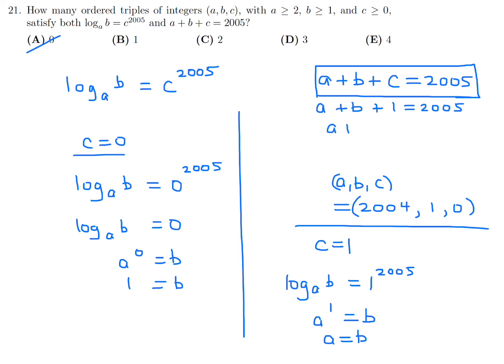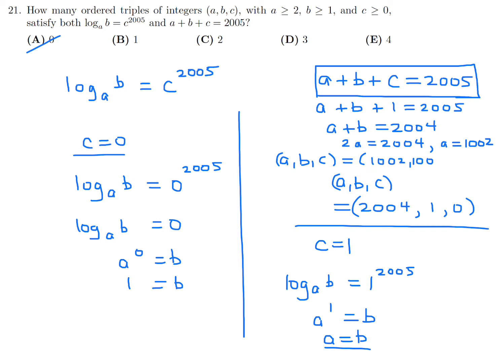And that gives me a plus b is equal to 2004. Since a is equal to b, this gives me 2a is equal to 2004, and therefore a is equal to 1002. And b is also equal to 1002 since a is equal to b. So my second ordered triple that I have discovered is 1002, 1002, and 1 for c.